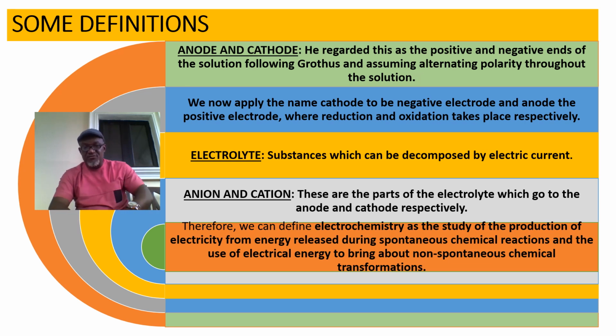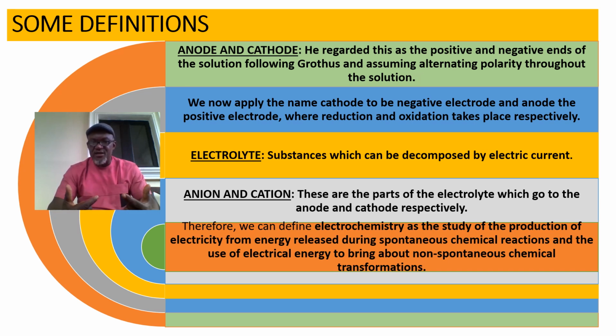Therefore, we can define electrochemistry as the study of the production of electrical energy, or the study of production of electricity from energy released during spontaneous chemical reaction. So you can see, when there is spontaneous chemical reaction, energy will be released, which is in the form of electricity.